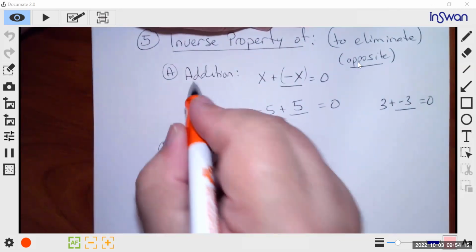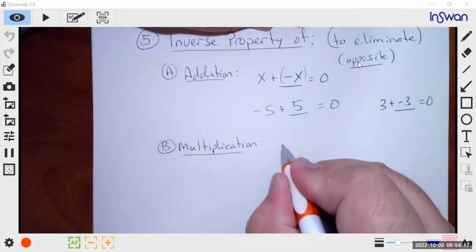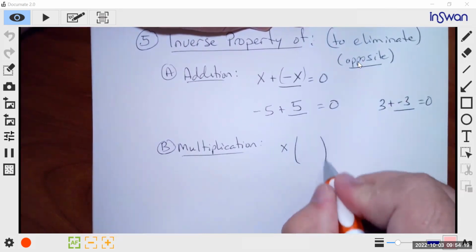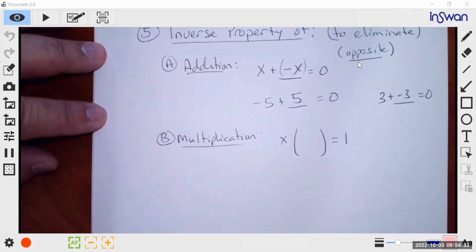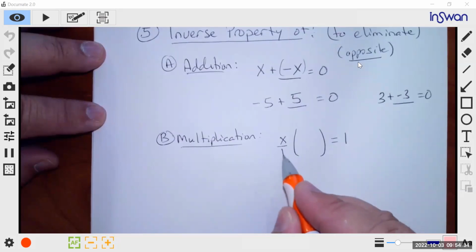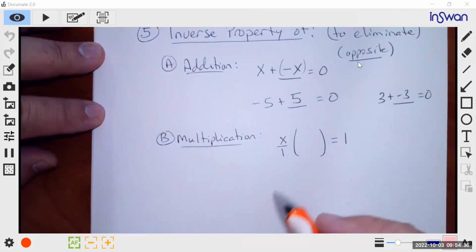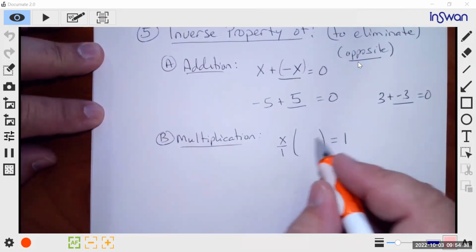And the multiplication rule. What times x gives me 1? Because remember, this is a fraction, x over 1. To get rid of something by multiplication, you have to reciprocate it.